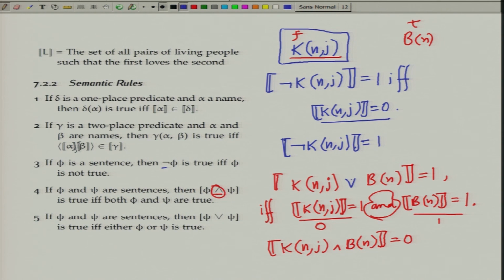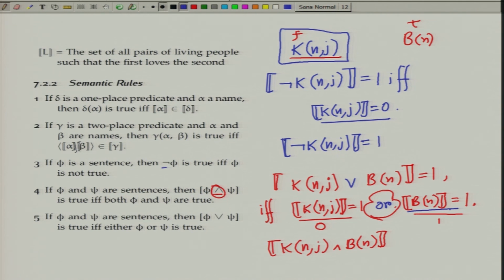What happens when we replace this by or? Once again, it is a replacement. We just say if and only if this is the case, or this is the case. If at least one of them is true, then the sentence will be true. We know that this sentence is true.